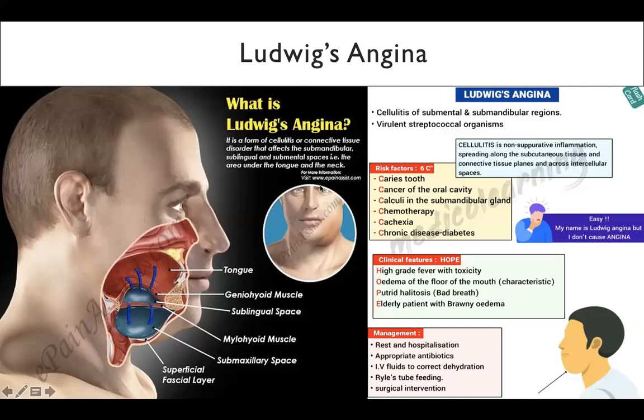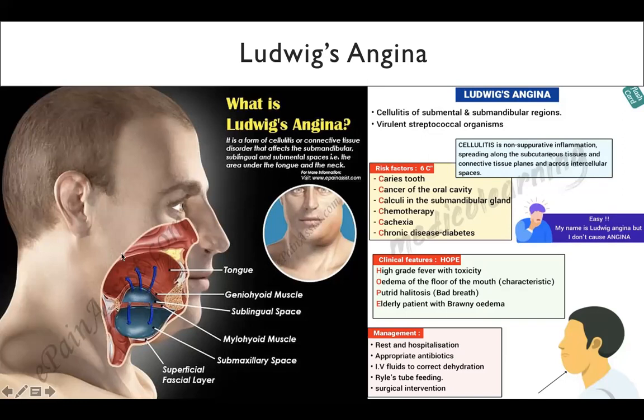As all of you know from your previous medical lectures, what is Ludwig's angina? It is a form of cellulitis or connective tissue disorder that affects the submandibular, sublingual, and submental spaces. That is the area under the tongue and the neck region. So we have the tongue, geniohyoid, sublingual, mylohyoid muscle, submandibular space, and superficial facial space.